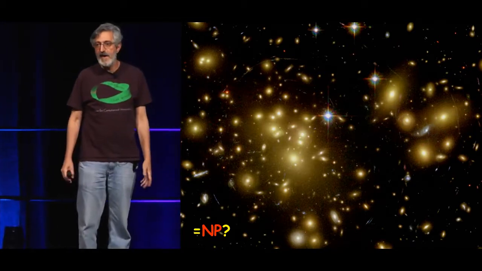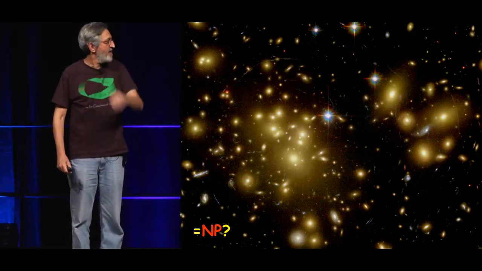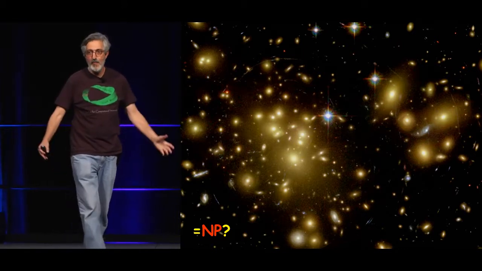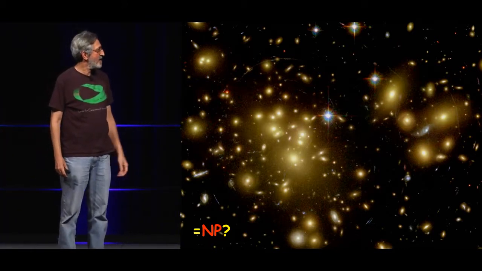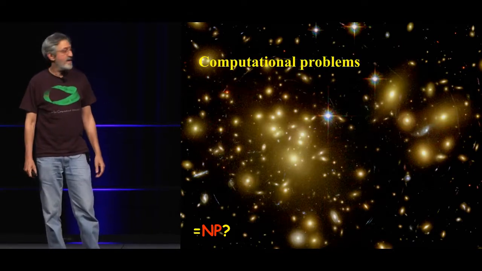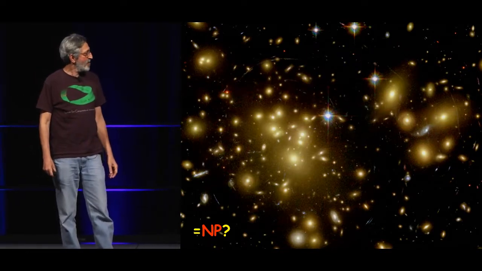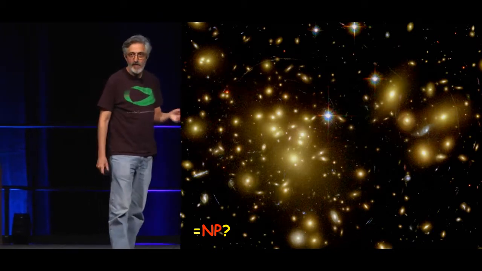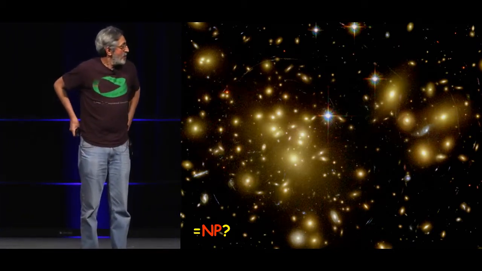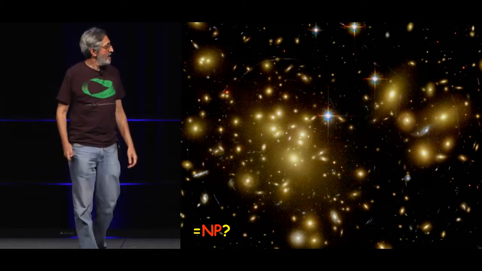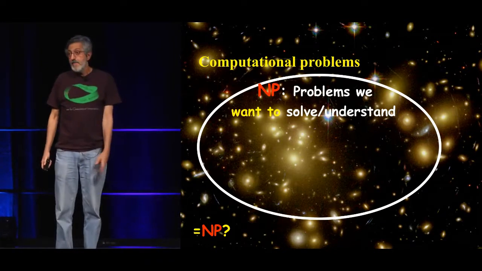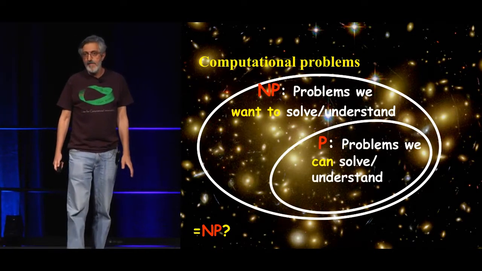I often envy the physicists for having the night sky or other world phenomena to describe their central problems. For us, computer science is a bit difficult, but if you just use your imagination, you can think of every star there as a computational problem. And then P versus NP can be described very simply.